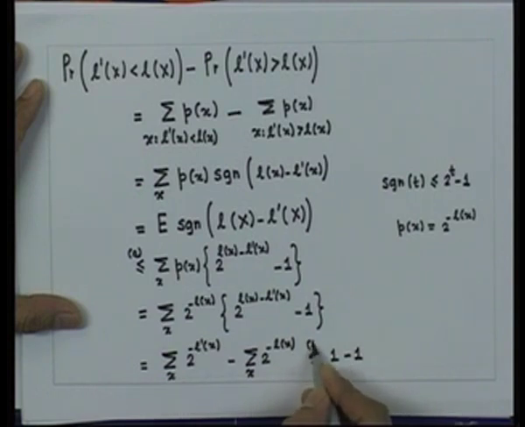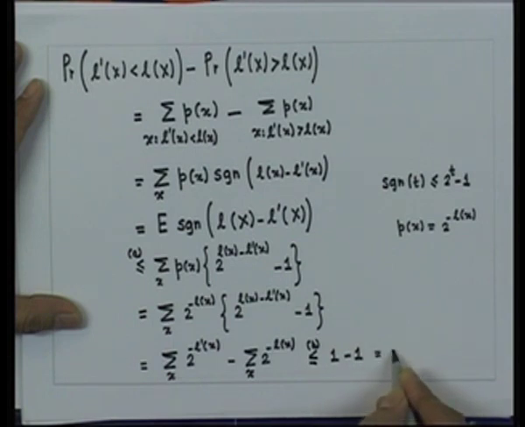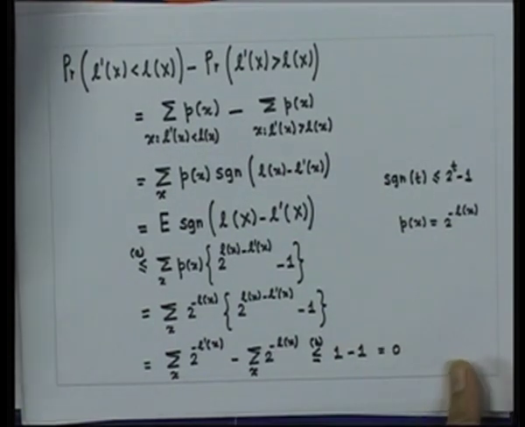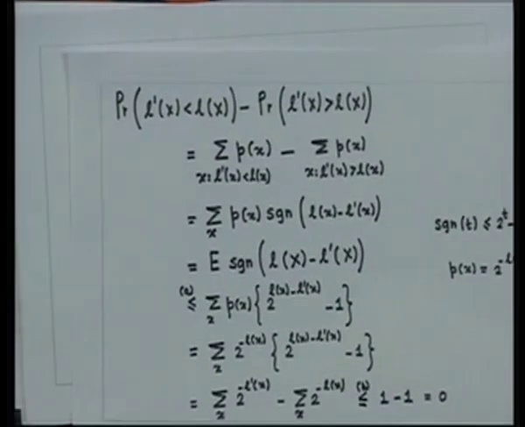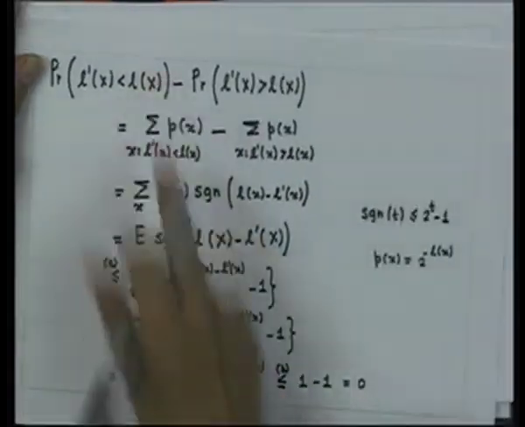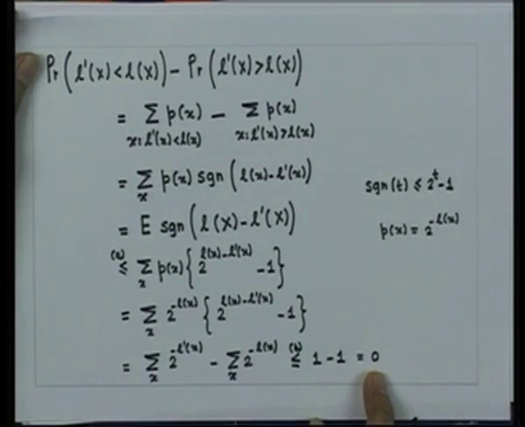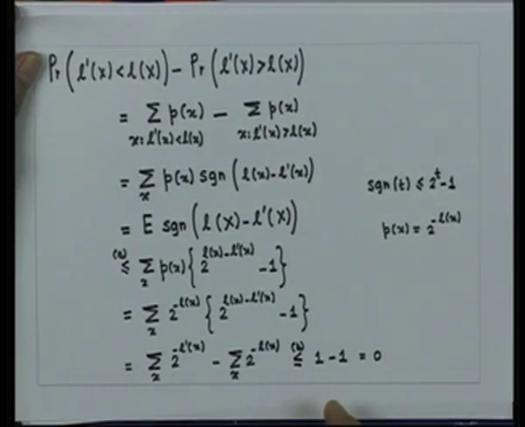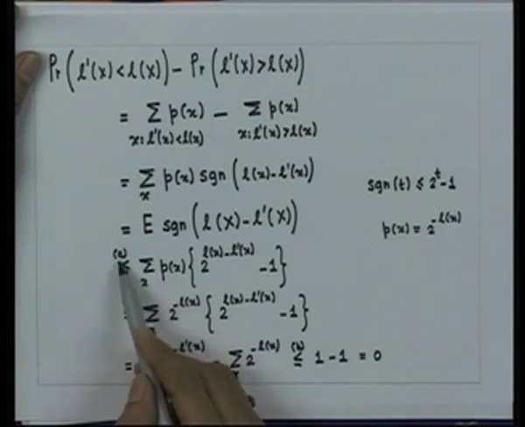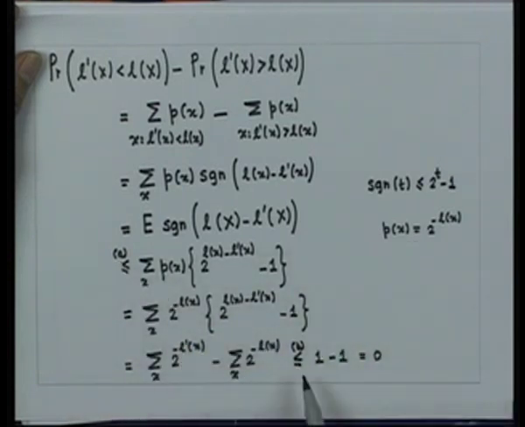So, let me call this relationship B. This quantity here is going to be less than or equal to 1, so I can write this as less than or equal to 1 minus 1, which is equal to 0. So, what we have shown now is that this is less than or equal to 0, where step A follows from this, and in B we have used McMillan's Kraft inequality.